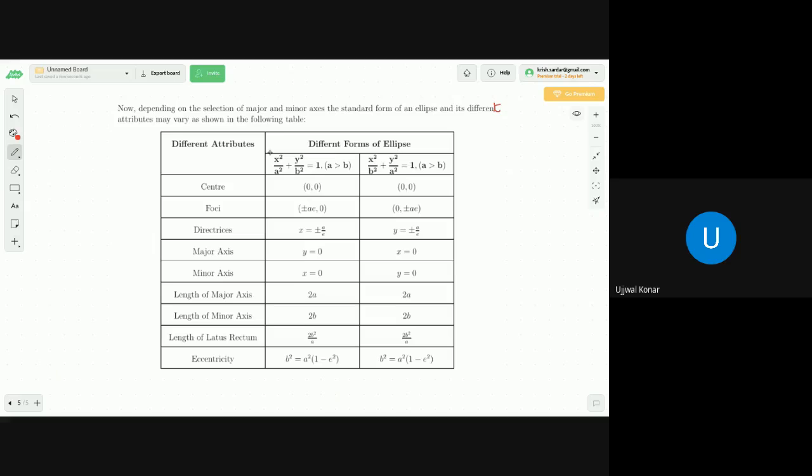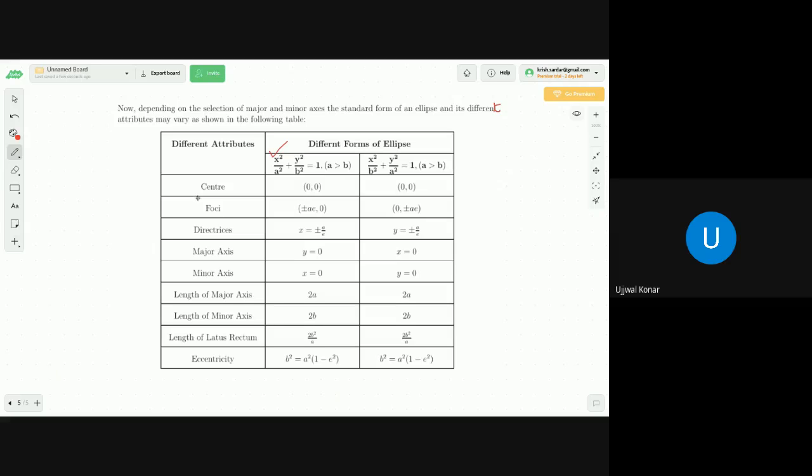So the first equation is x square by a square plus y square by b square equal to 1, a greater than b, definitely, one form. And x square by b square plus y square by a square equal to 1. Here also a greater than b, but if you see the difference between these two, x and y have got interchanged.